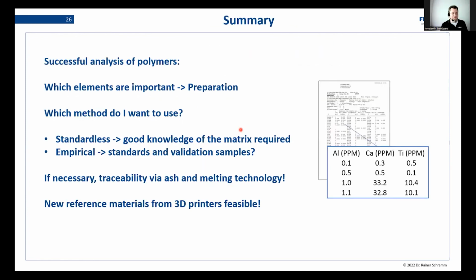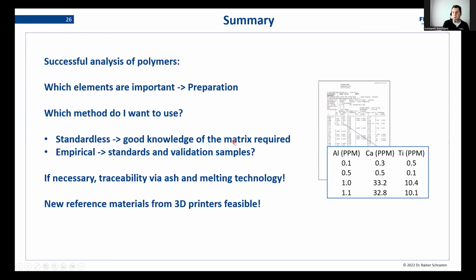This should actually be an animated slide, but apparently I broke something with my presentation. To summarize, let's go over the points we need to think about when we want to analyze our polymer. The first question is what elements we are looking for, and we should base the preparation on that. The next question is what kind of mathematics or application we want to use. Do we want to go for a standardless method?